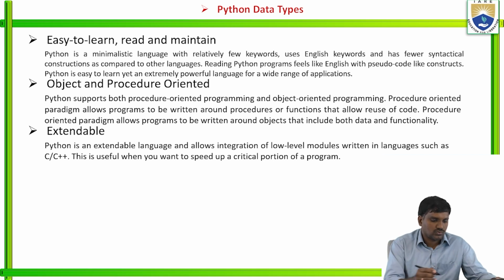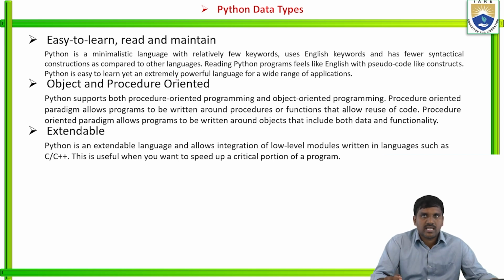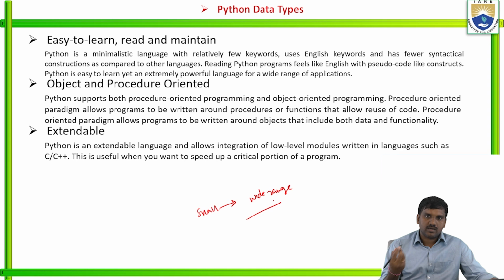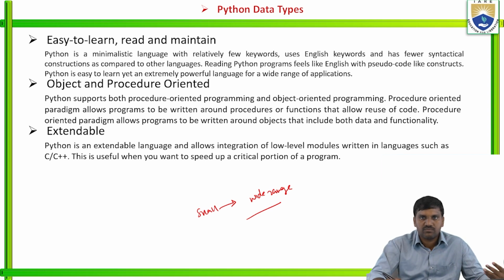Python is easy to use and an extremely powerful language for a wide range of applications. Even though it is simple, it is used for a wide range of applications, and professionally also we may use Python to write programs.